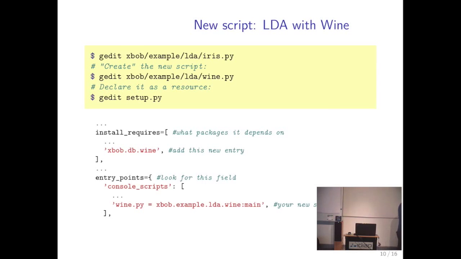Okay, so now you can quit this one, and let's open the other example which I have already pre-typed for you based on that, so you don't have to type yourself. So let's gedit the wine.py. So what you're going to see is a copy of the main function there, except that the data is coming from another package, okay?